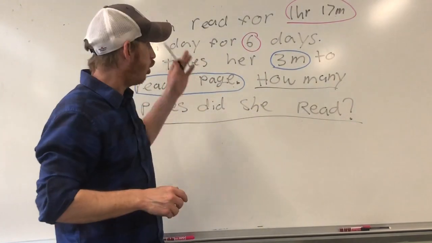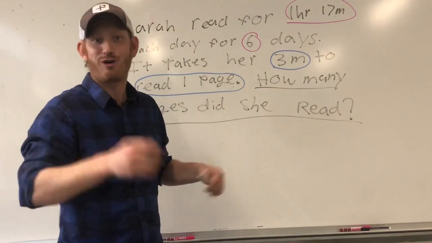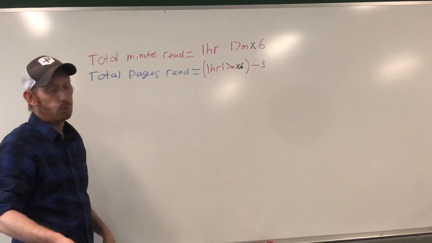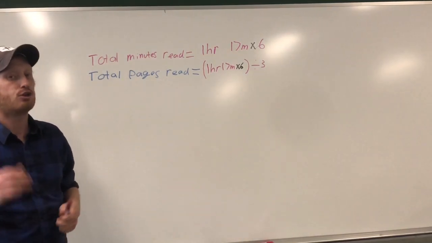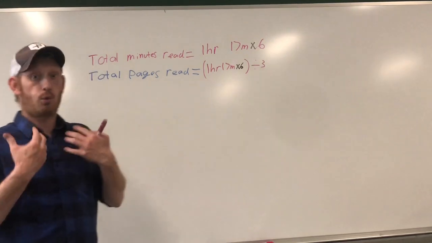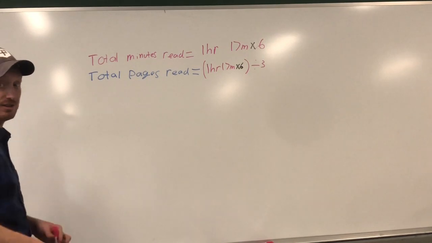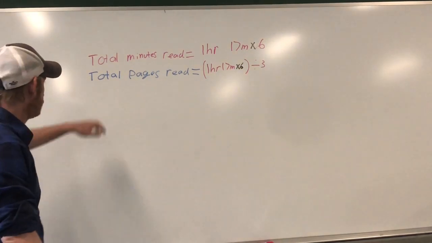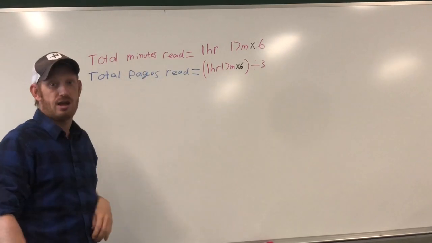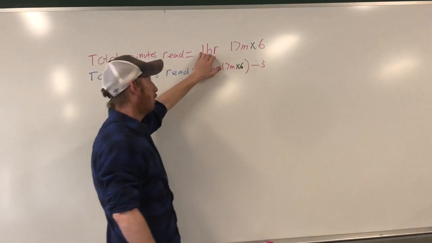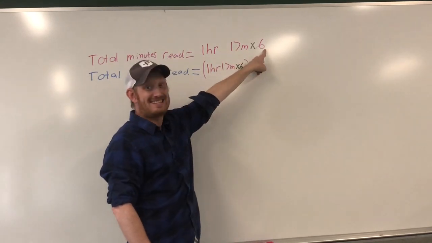So let me put this all on the board in a way that we can actually use mathematically, and then we'll solve the problem. I've taken our big word problem and broken it down into the most important information, in 2 parts. The first thing we're going to have to do is figure out our total minutes read. We read for 1 hour and 17 minutes, for 6 days.